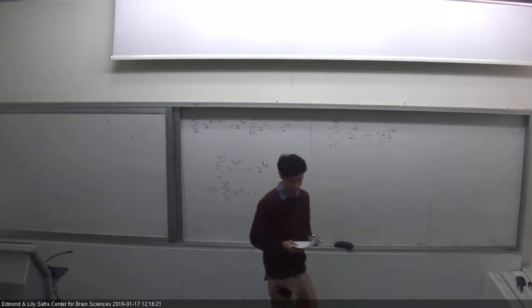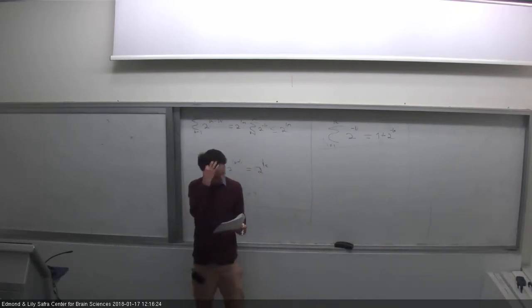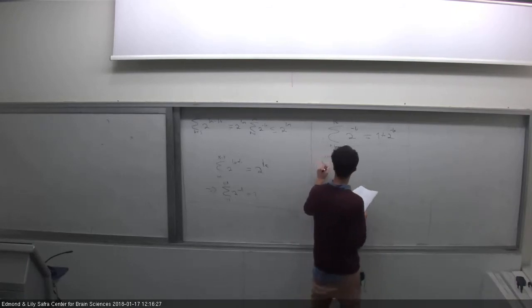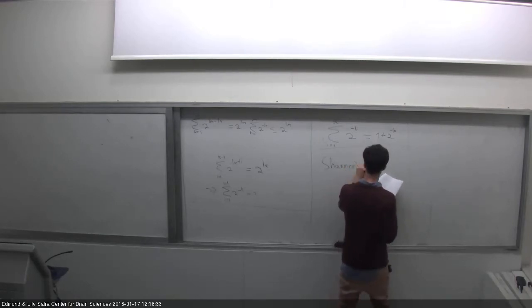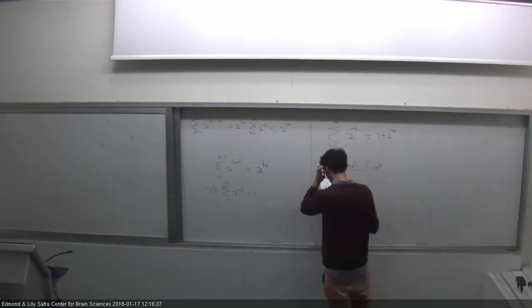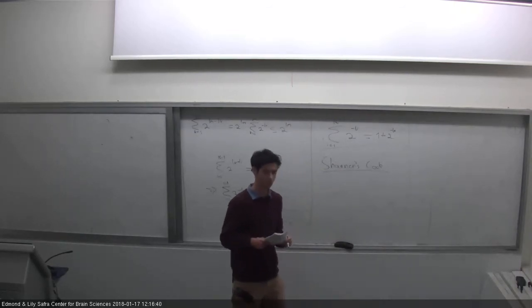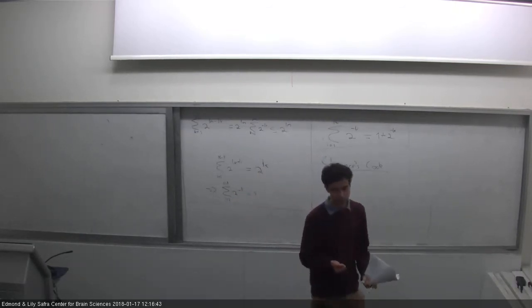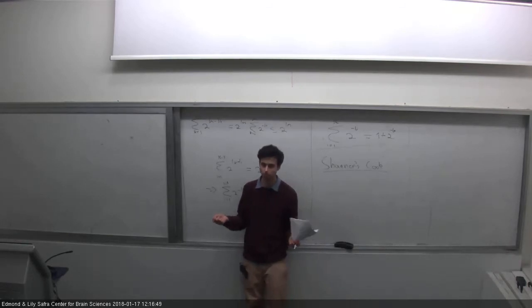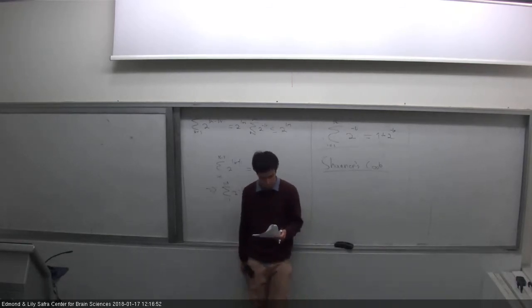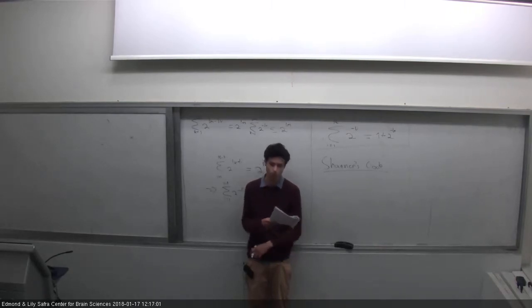Now let's talk about Shannon's code. We know that if we choose Li to be the log of 1 over p of i, we will attain the best bound, the entropy.